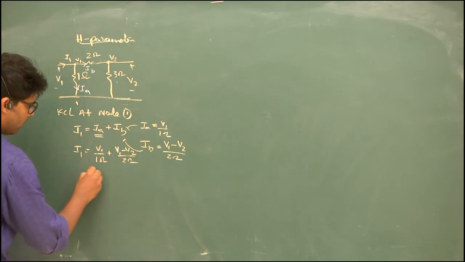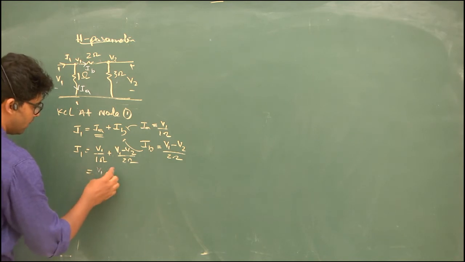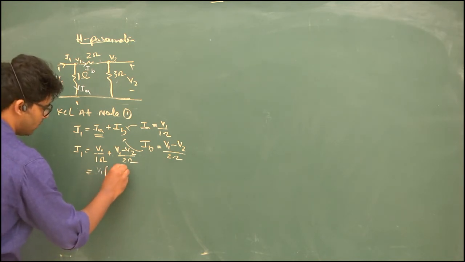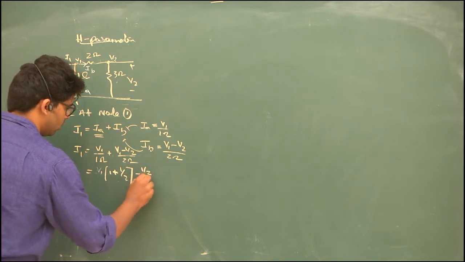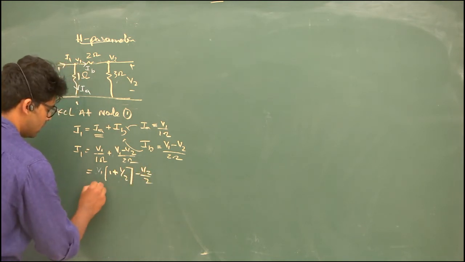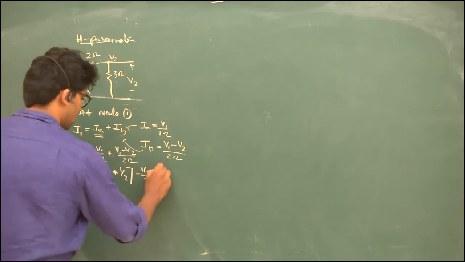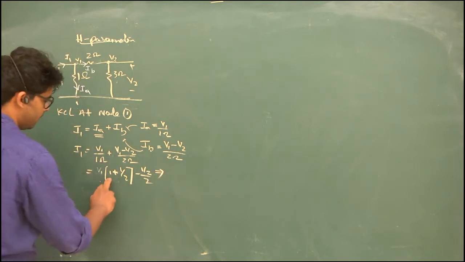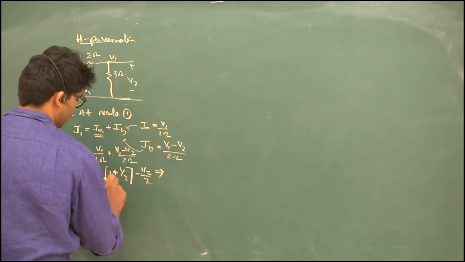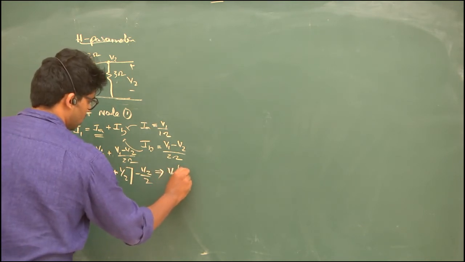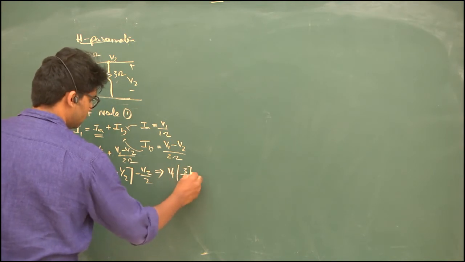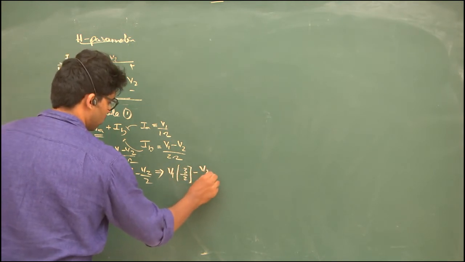You will get V1 into 1 plus 1 by 2, minus V2 by 2. With further modification, this is 2 plus 1, which is 3 by 2. Therefore V1 into 3 by 2 minus V2 by 2.